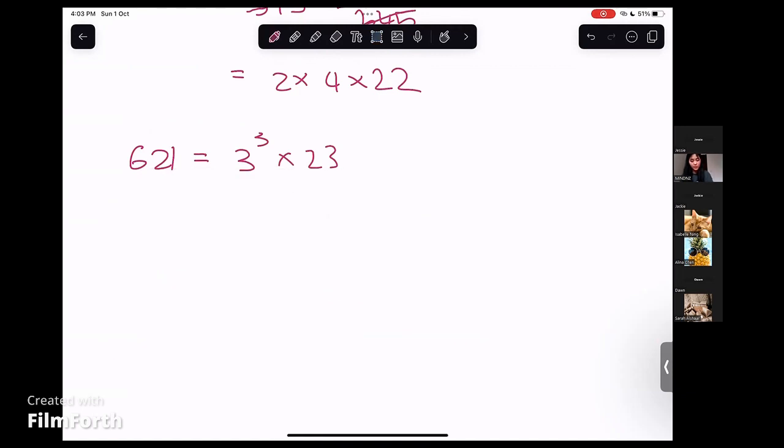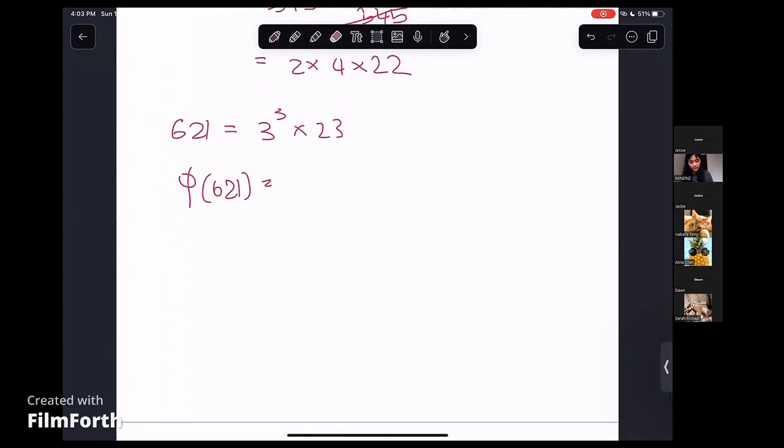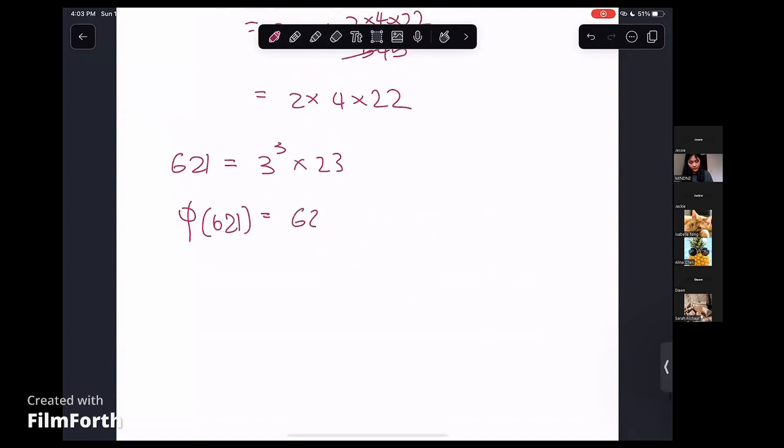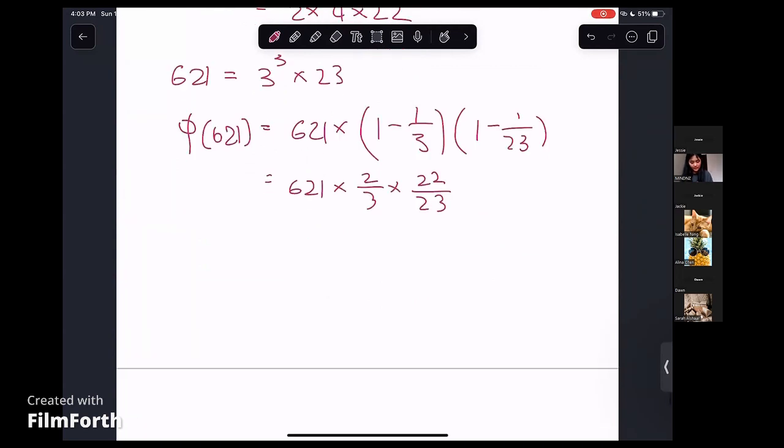So if we substitute this into the equation, we get something like 621 times 1 minus. Right, so if we can cancel this out, we should be left with this.